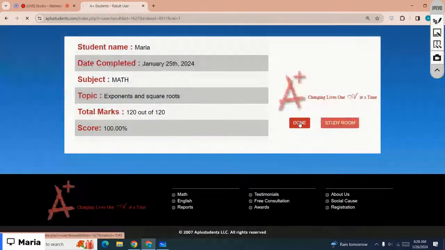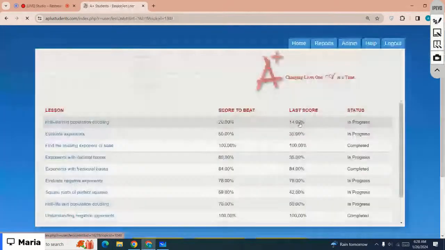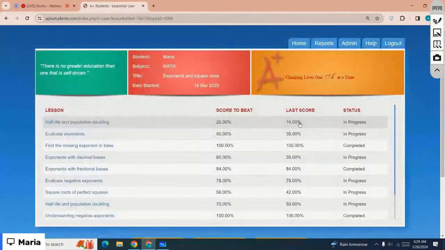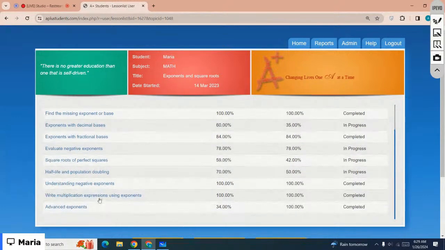The next lesson is write multiplication expressions using exponents.